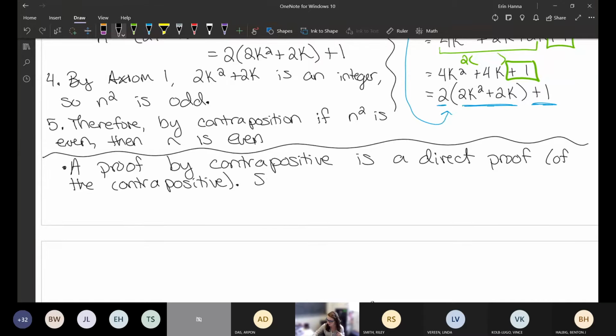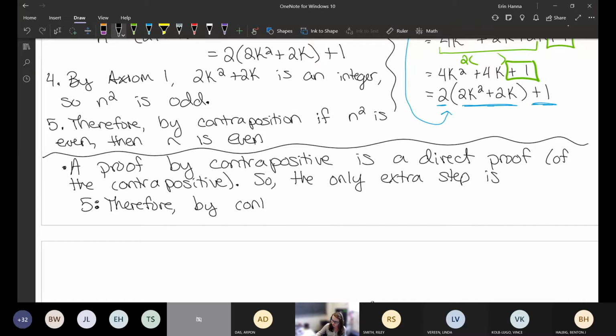So the only extra step is that fifth step where you essentially say, therefore, by contraposition, what you wanted to prove.